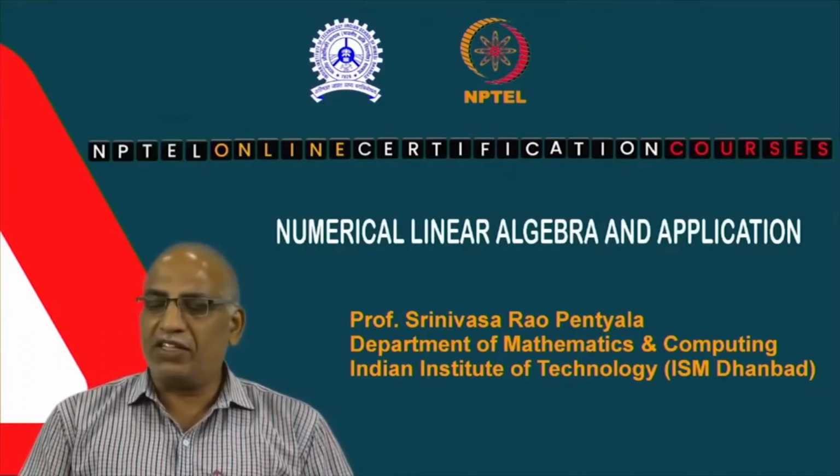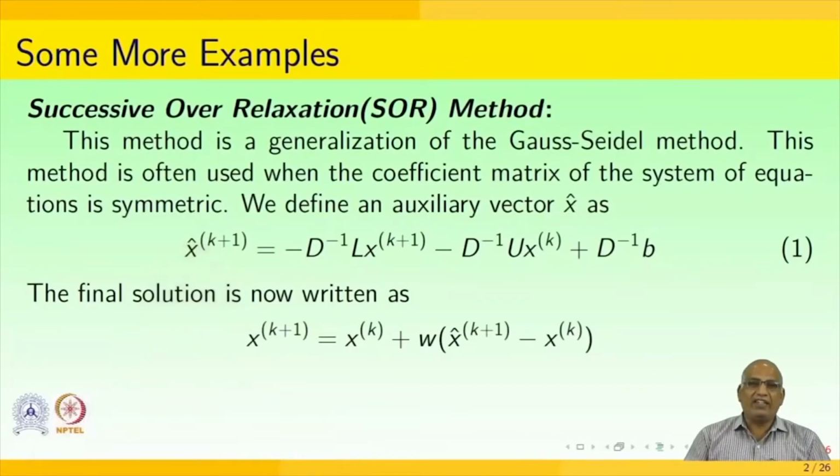In the previous lecture, we did some iterative procedures, the Gauss-Jacobi method and the Gauss-Seidel method. In contrast to these two methods, we are going to learn a few examples on the successive over relaxation method.